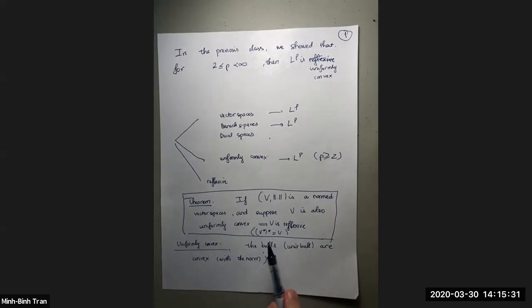If this ball is convex, then the space is reflexive, and then the dual of that space will be itself, right? So the nice thing of this is that to check if V star is equal to V, what you have to do is look into the convexity of the balls, right?